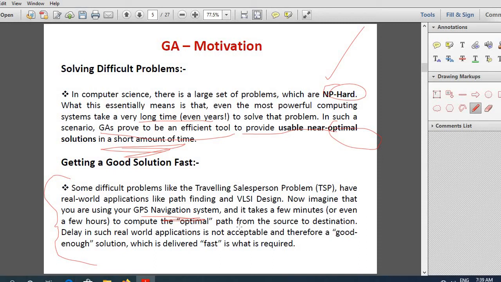You want the best route in the shortest amount of time. So actually the best or optimal route that you're getting will not be the perfect one. It will be almost an acceptable best route, but you are able to get that in a short amount of time.